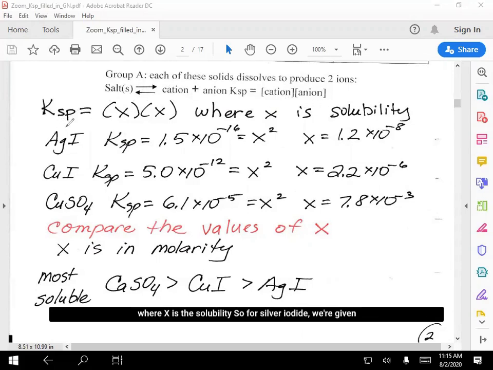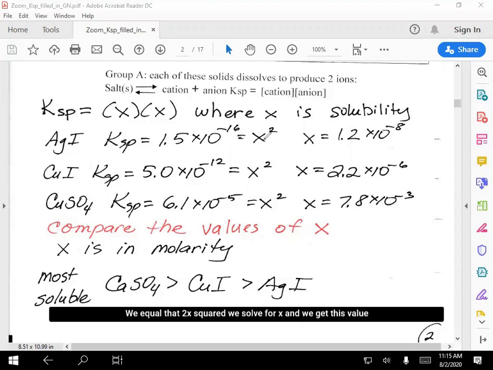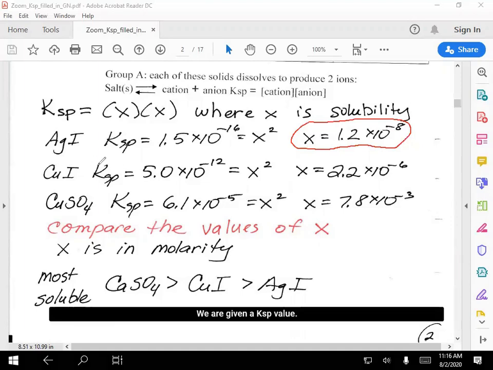So for silver iodide, we're given a KSP value. We equal that to X squared. We solve for X, and we get this value for X for the silver iodide. For the copper iodide, we are given a KSP value.